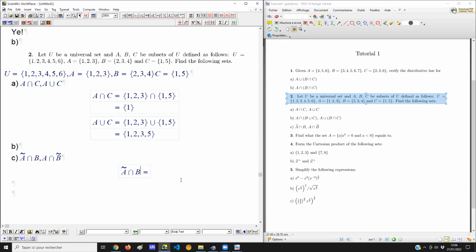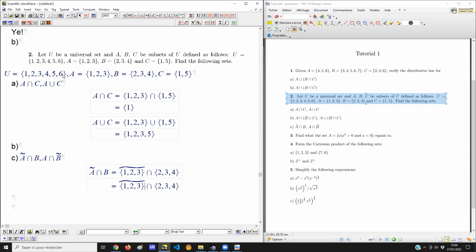All right, so let's just substitute stuff again. A is 1, 2, 3, and B is 2, 3, 4. So of course, let's start with that thing there. So complement is everything that's inside the universal set and not inside this set.